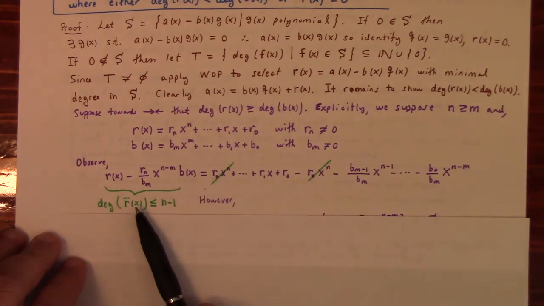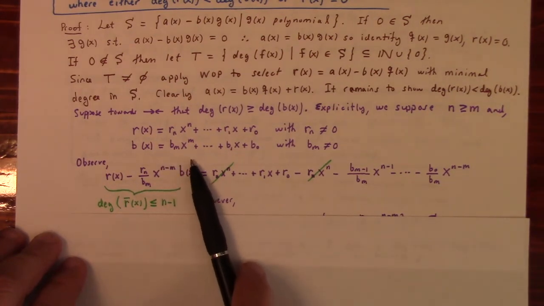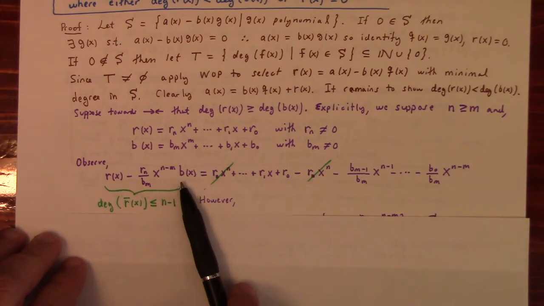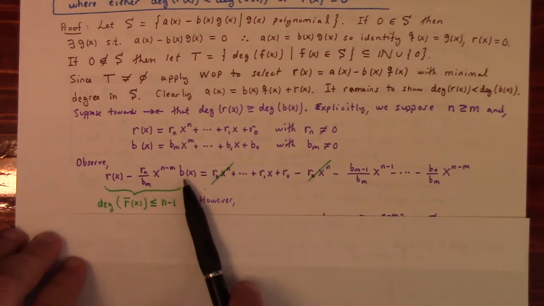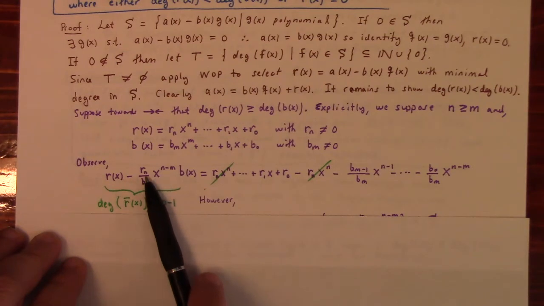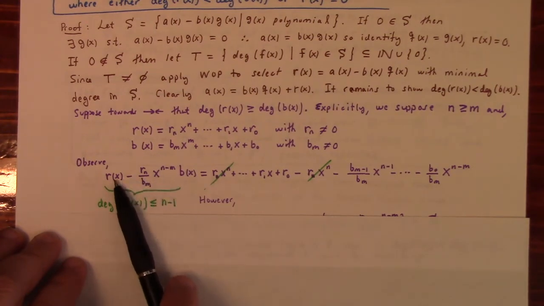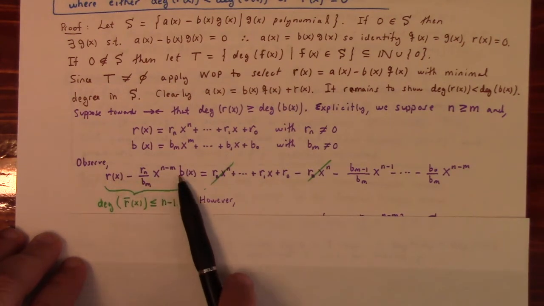Here's how. So first of all, we define r bar of x to be r of x minus the leading term, and what this is doing is it's peeling off the leading term in b of x, I suppose, and converting it to the corresponding leading term in r of x. So this is basically canceling out the leading term in r of x with the leading term in b of x.